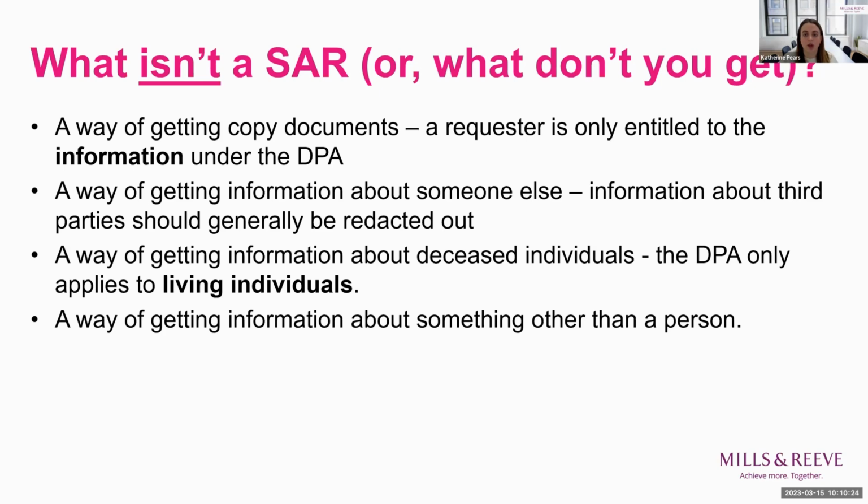The Data Protection Act only applies to living individuals. Finally, it is also not a way of getting information about something other than a person. Sometimes extra information will be disclosed under a DSAR to provide context and help explain what is supplied, but there are other disclosure regimes, such as the Freedom of Information Act, that can be used to obtain other kinds of data, at least where the data is held by a public authority.